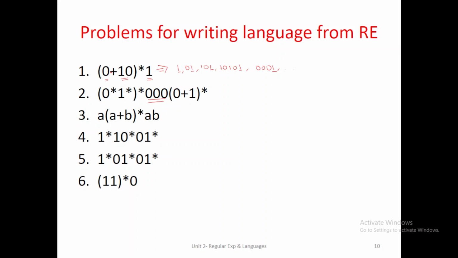For 2 length string, you can take 01. For 3 length, you can take 101. If you want to write 4 letters, you can combine 0 multiple times, so 0001 for 4 length, or 10101 for 5 length. So these are all the possible ways of writing the expression.